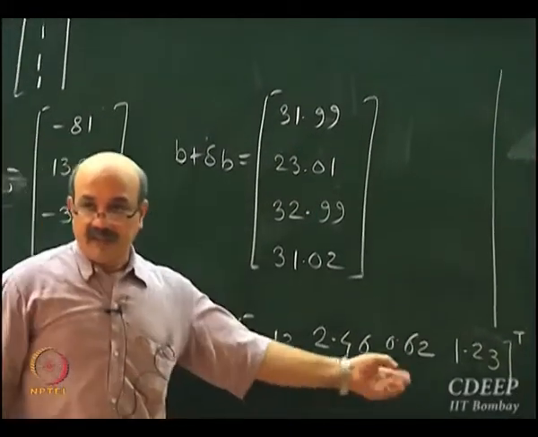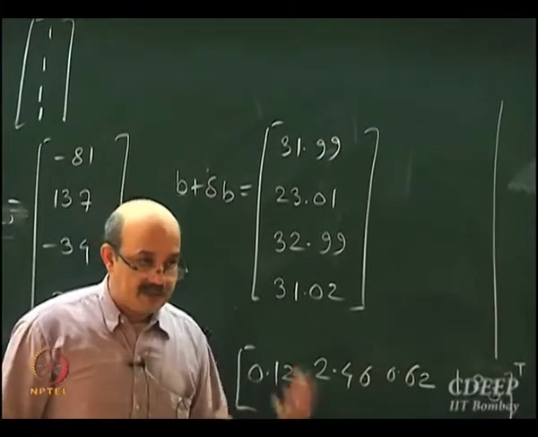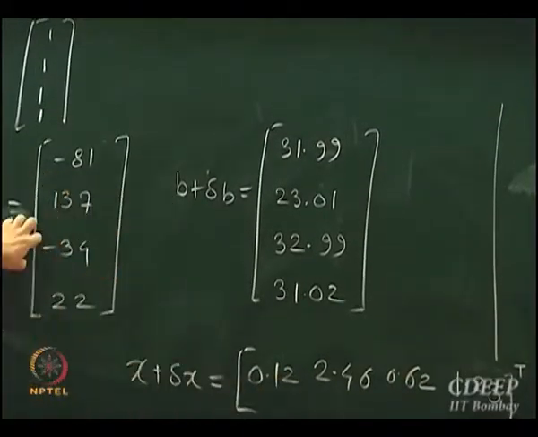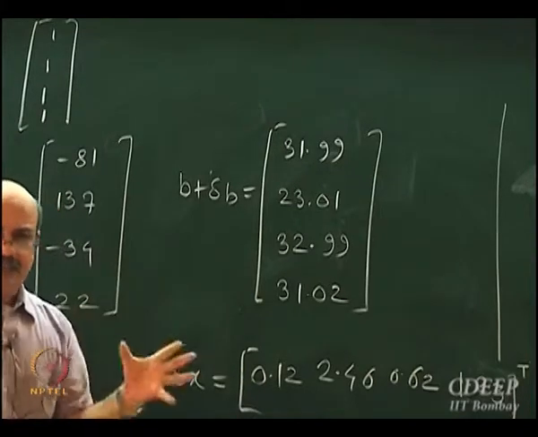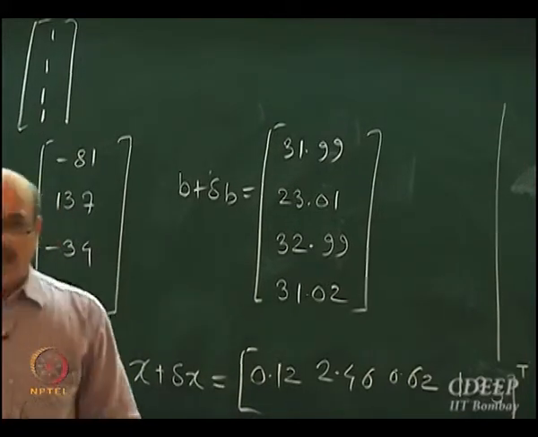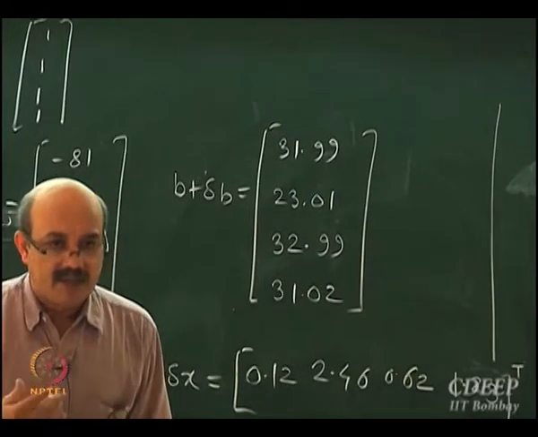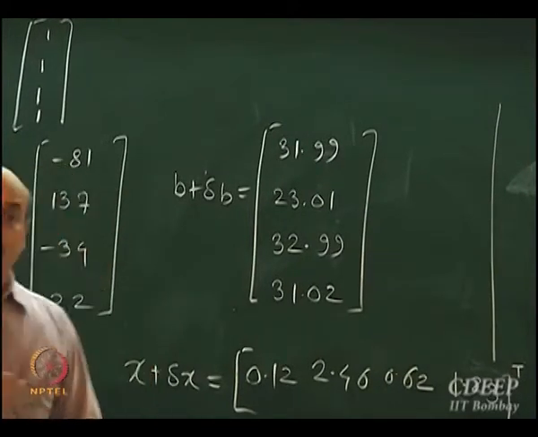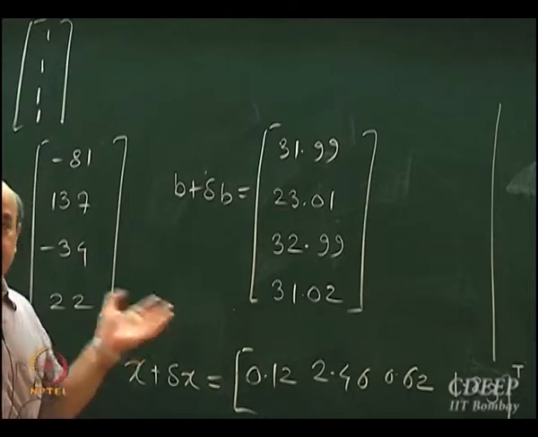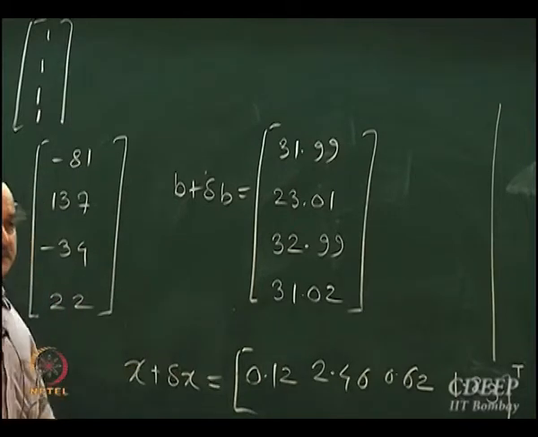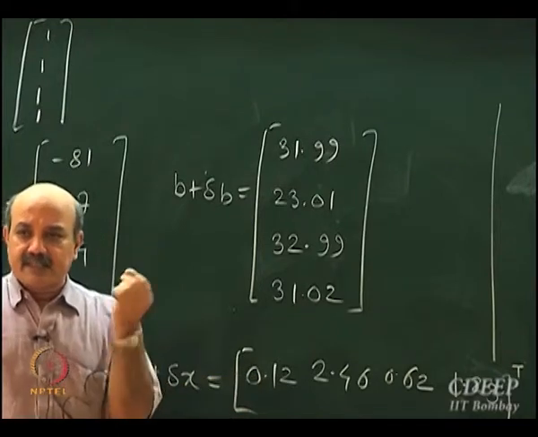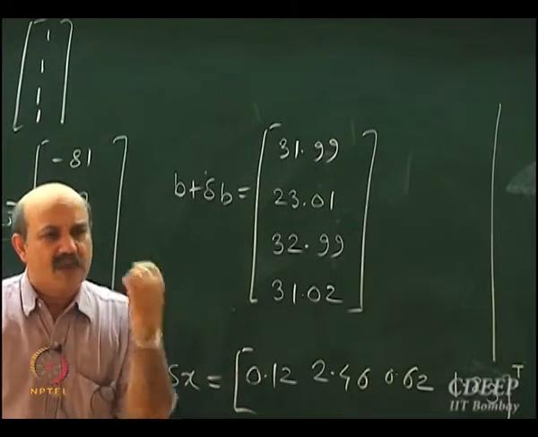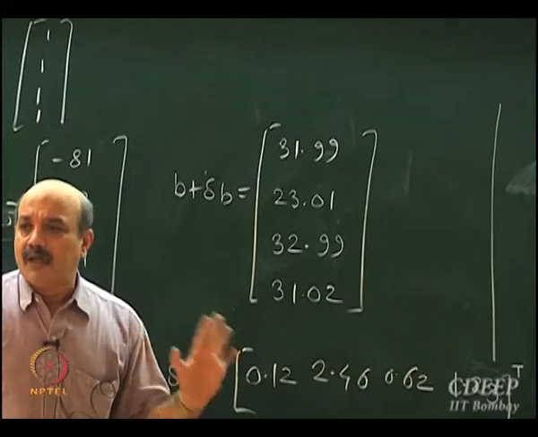Where is 1, 1, 1, 1 and where is this solution? These two solutions, with a slight perturbation on the right hand side, or a slight perturbation on the left hand side in the A matrix or b matrix, change your solution so drastically that there seems to be something funny about this matrix. You just change something a little bit, make one small error, and your calculations go haywire.